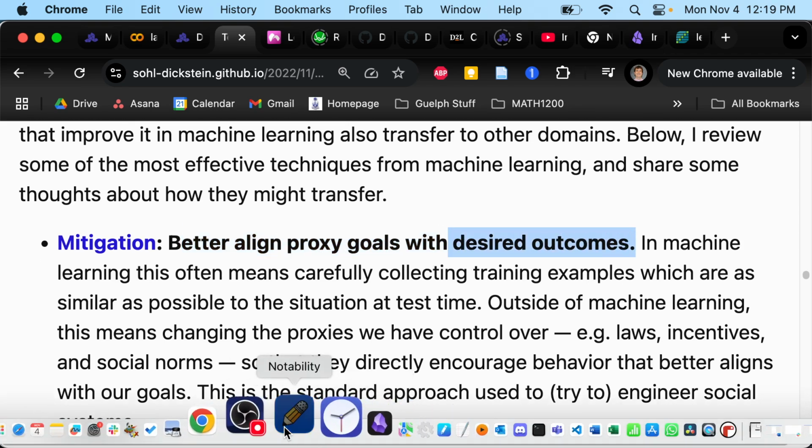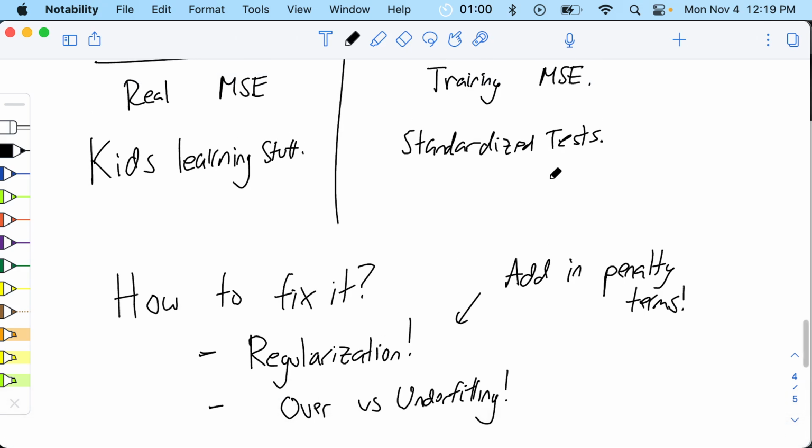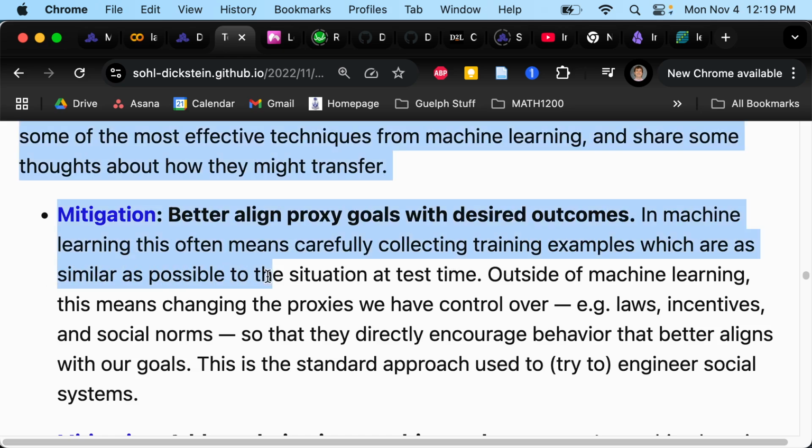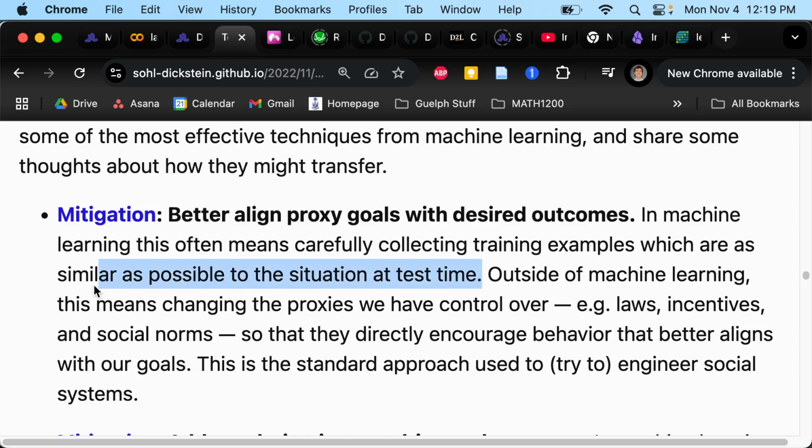That's a bit like saying, make sure the standardized tests are what we want the kids to actually learn, and the standardized tests don't have junk questions that have nothing to do with it. In machine learning and data science, this means making sure the training set you're using is as similar as possible to the real situation at test time.